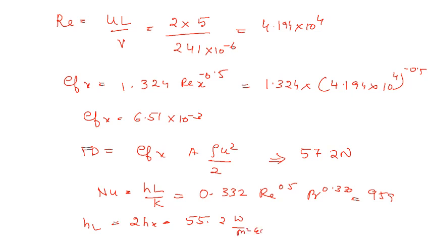If I have to find the Q value, I can use the formula h into A into T surface minus T infinity. Substituting the values, we'll get 11,040 watt, that is the heat transfer rate.